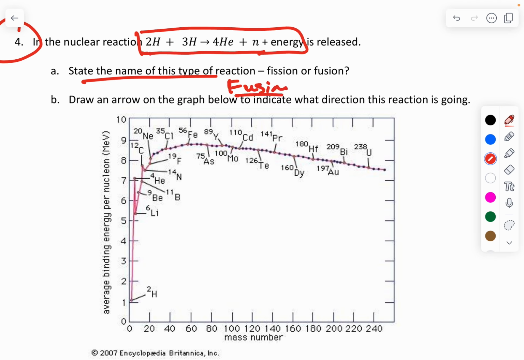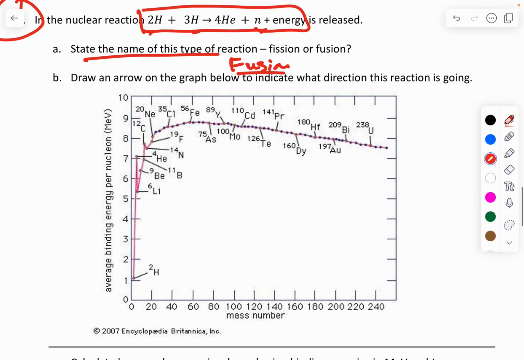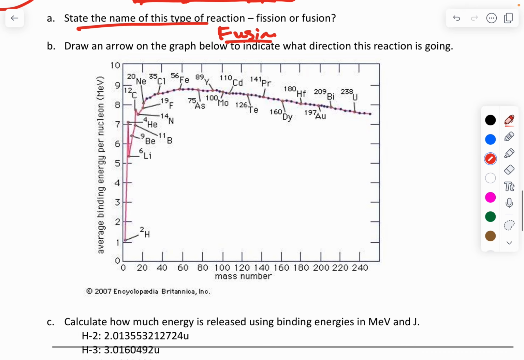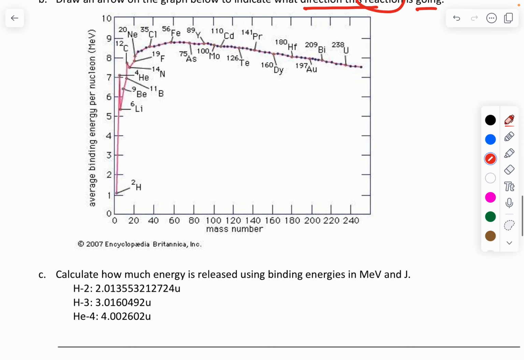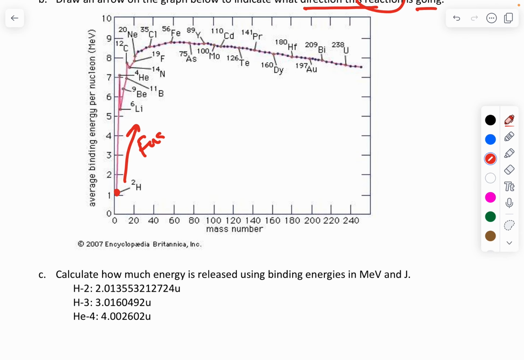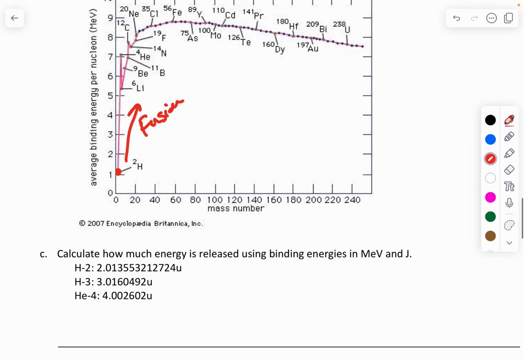You can see how we have 2 hydrogen plus 3 hydrogen gives us helium. The nucleus is increasing, and you get N plus energy. So let's draw an arrow on the graph below to indicate which direction this reaction is going. It's going to go from here to here, and we know from what we learned in class, that's fusion.